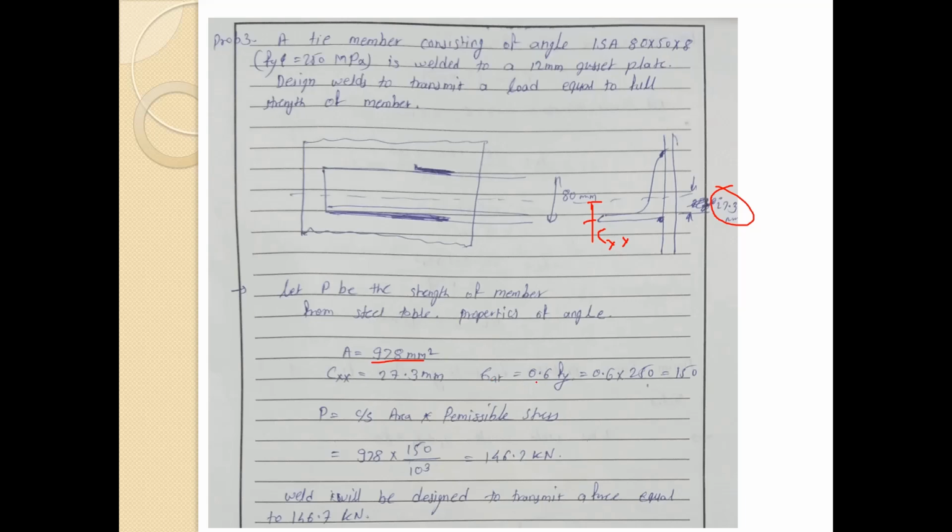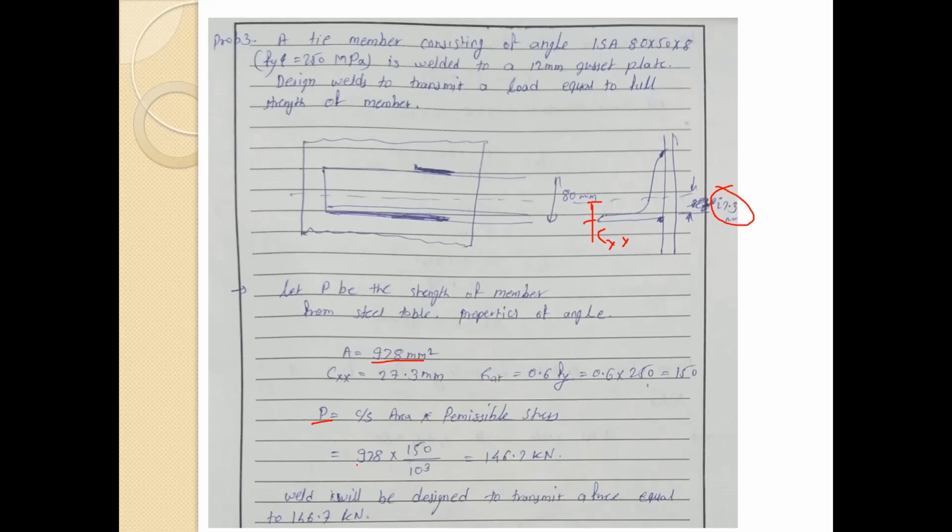And we have sigma_at, that is 0.6 Fy, so that becomes 0.6 into 250, that is 150. So the load which member can carry is P equals cross sectional area into permissible stress.